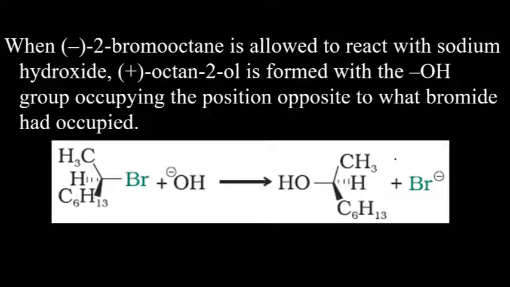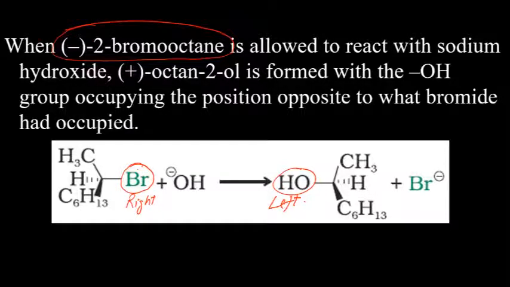This is the example. Bromine was attached on the right side. When OH replaced it, OH got attached on the left side. An example you need to remember is minus 2-bromo octane.